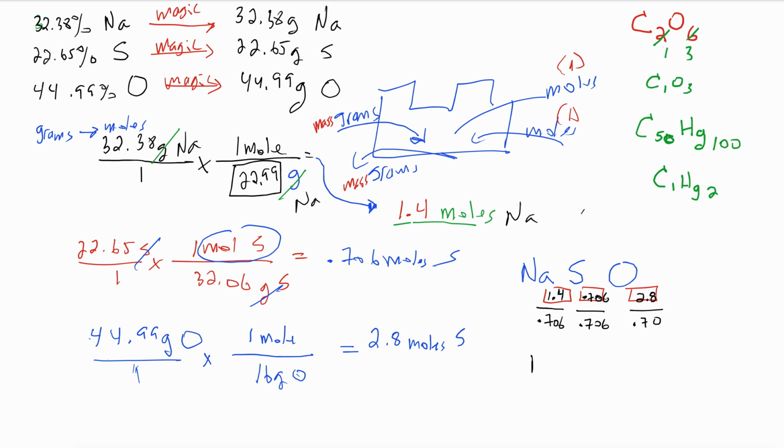Now I'm going to put them back down again. You're going to have Na, S, O. But what happens to this one right here when you divide?